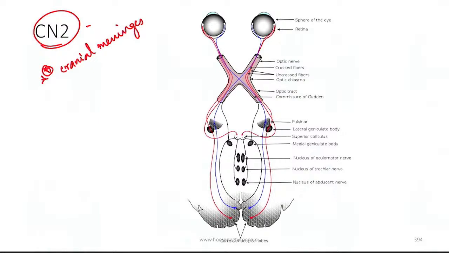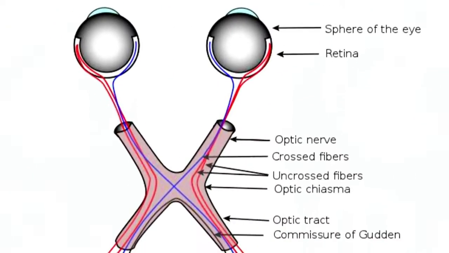So about the anatomical course of this optic nerve, remember it transmits vision. Any visual stimuli which fall over the lens go and strike the retina. The retina takes up this visual impulse via the retinal ganglionic cells.